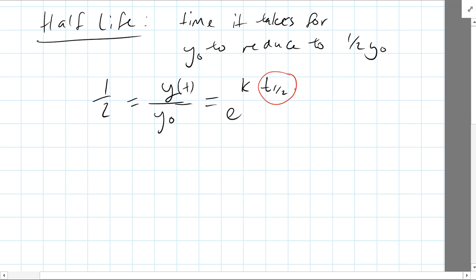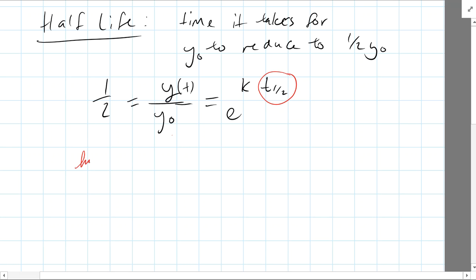Suppose they give you the half-life. Then it's even easier, because you know this ratio is a half. You have to know that. If they give you the half-life, then the ratio of how much I have now to how much I started with is a half at that time. So do I have to undo this?